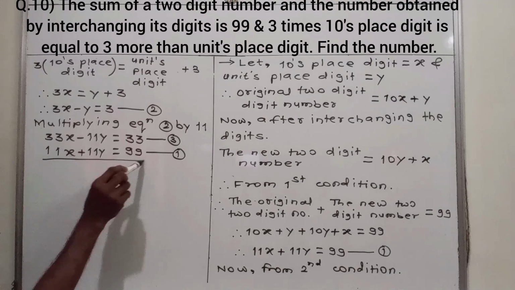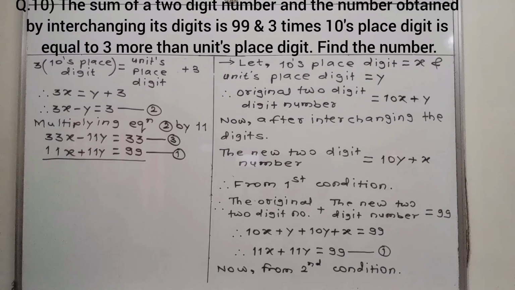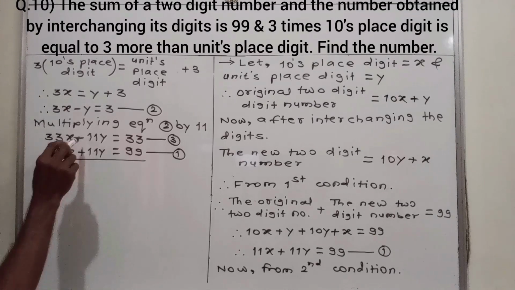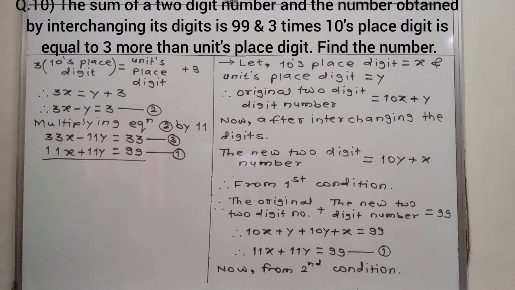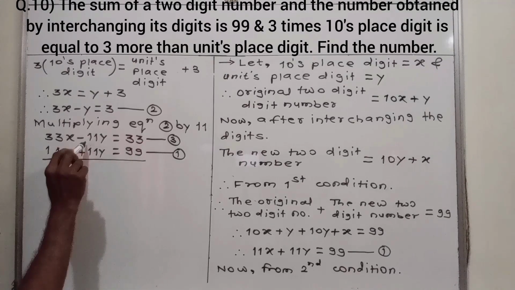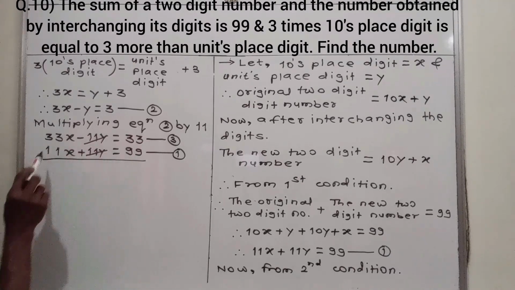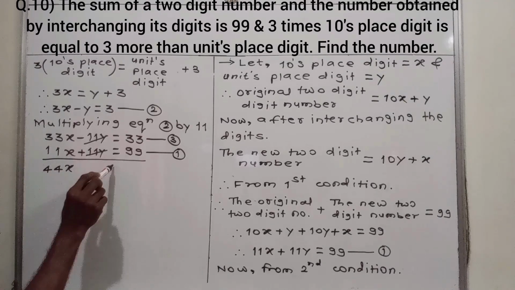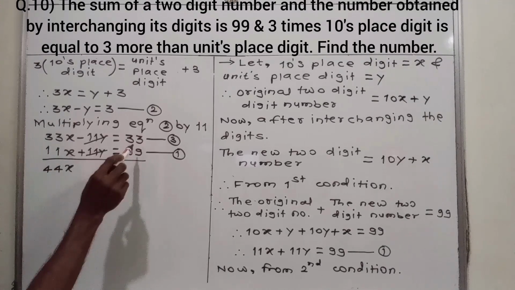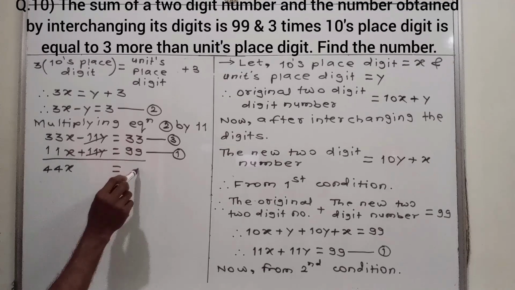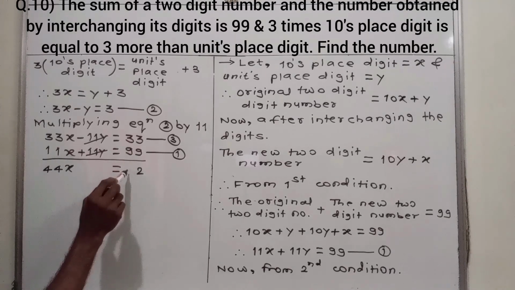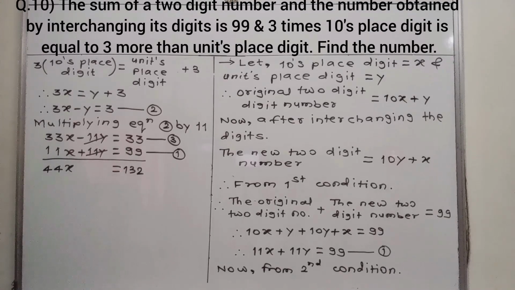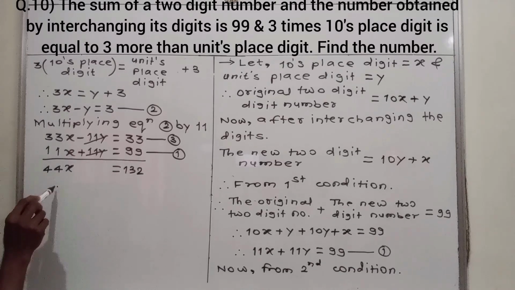Now we have here same coefficients of variable y, no, and signs are opposite, so by addition these are cancelled. So addition of these two, 44x, and here 2 carry 1, 132.